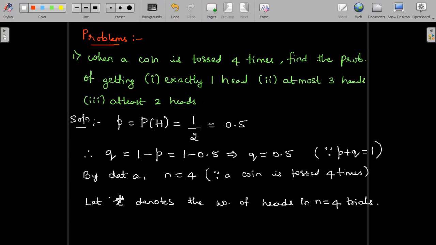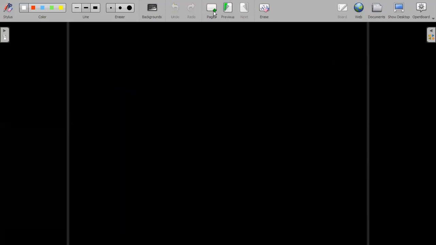Right? Now we will write down the formula for the probability of X successes out of N trials by the binomial distribution.